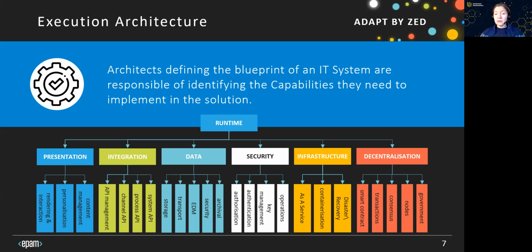Then it's connected to the infrastructure layer. Every time you are designing a solution, you are designing it according to the client requirements and the client need. Please understand that here we are defining the menu, what can be done. It doesn't mean that you have to have all of this.